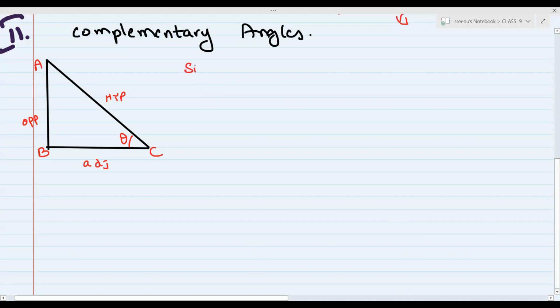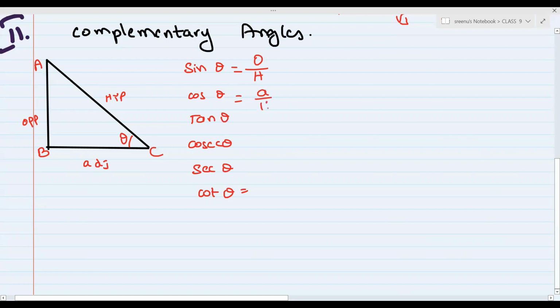So I'm defining here sine theta, cos theta, tan theta, cosecant theta, secant theta and cot theta. Theta is very much important here. Sine theta value is opposite by hypotenuse, adjacent by hypotenuse, opposite by adjacent, hypotenuse by opposite, hypotenuse by adjacent, and adjacent by opposite.